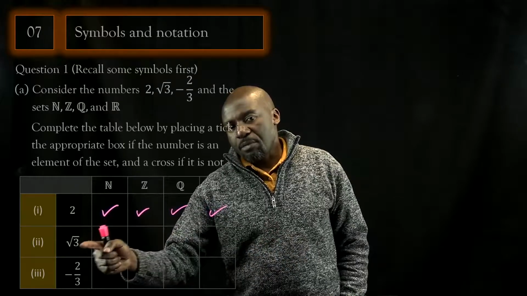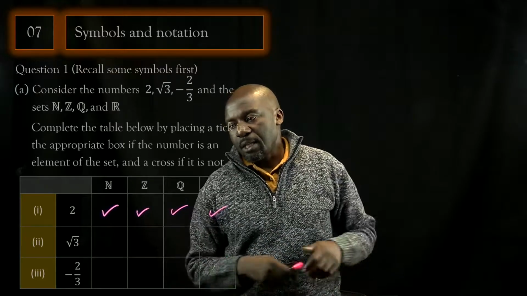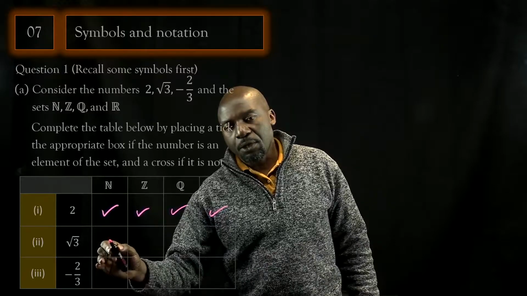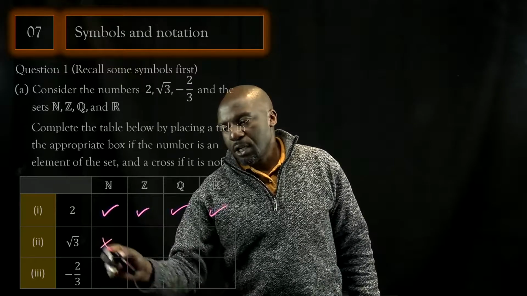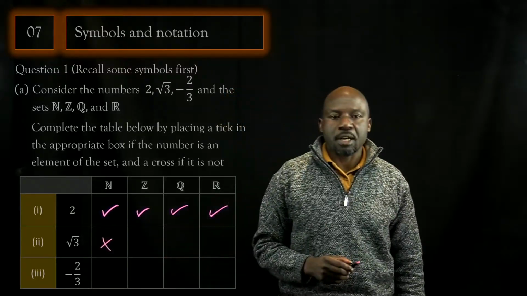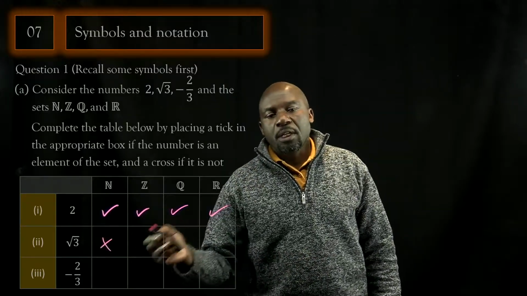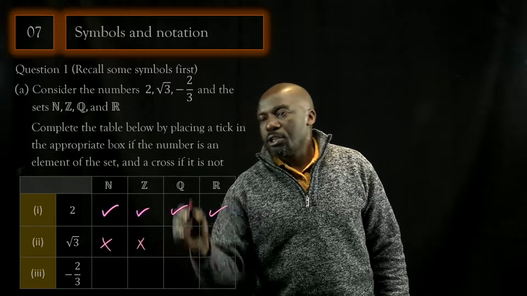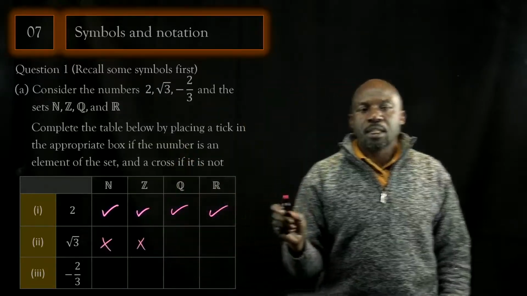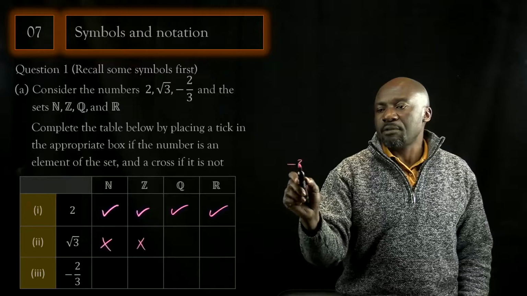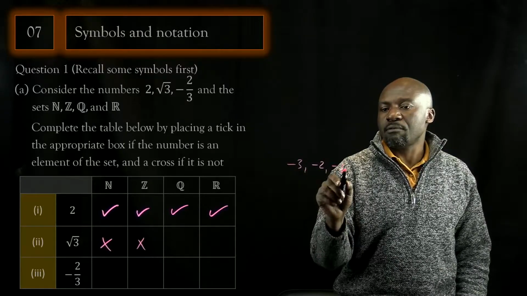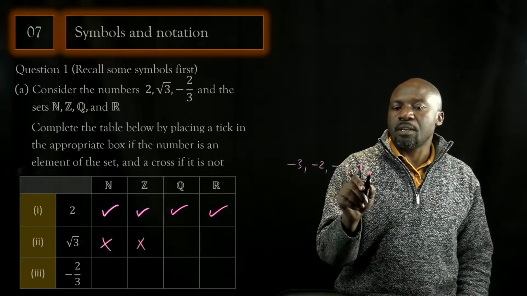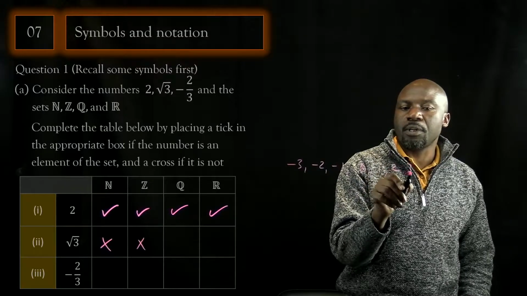It's an irrational number, so it does not fall in this set. So root 3 is not a natural number. It's not a counting number. Is root 3 an integer? No, root 3 is not an integer. When we say integers, we are referring to -3, -2, -1, 0, 1, 2, 3.